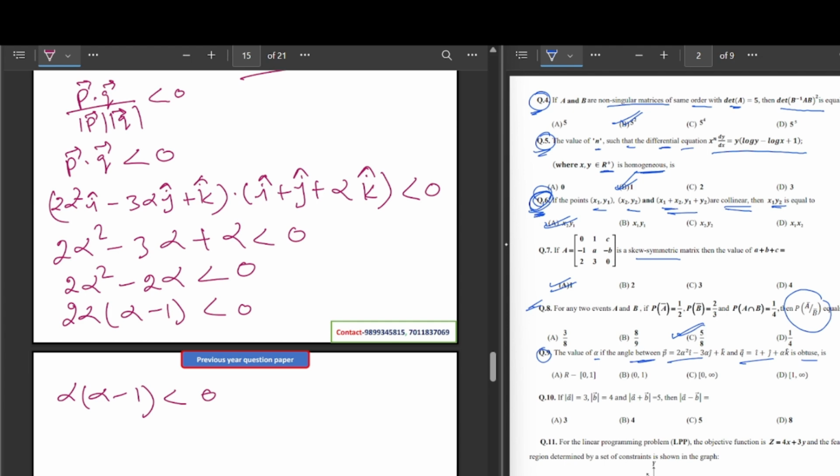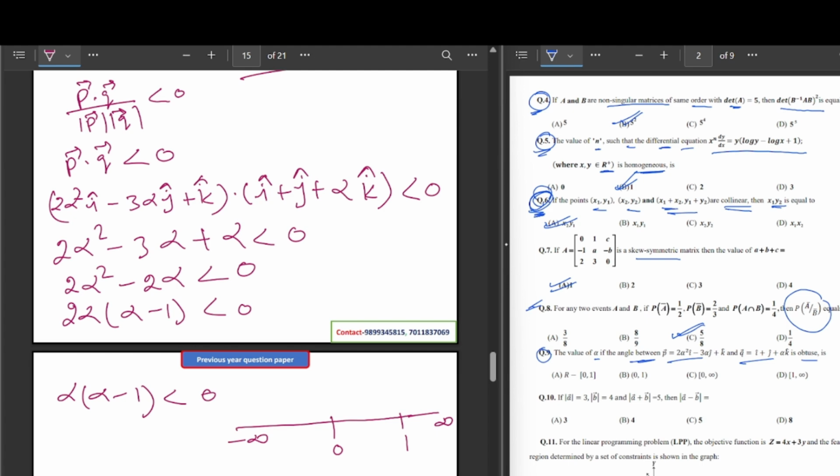So we have to check the intervals from minus infinity to plus infinity, in which interval the value should be negative.